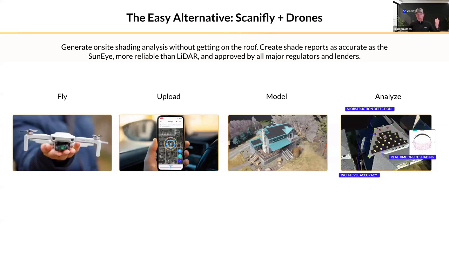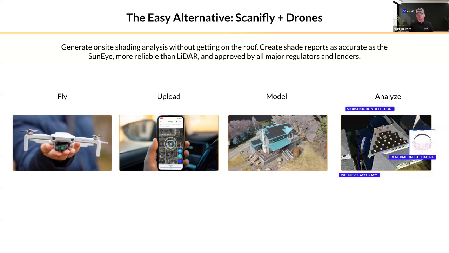You fly, you upload the data, which can be done from the field on our mobile app, you generate the 3D model of your site and the property, and then you can analyze that and finalize your design. What comes with that is being able to use AI to analyze obstructions and vegetation in the scene and on the site.